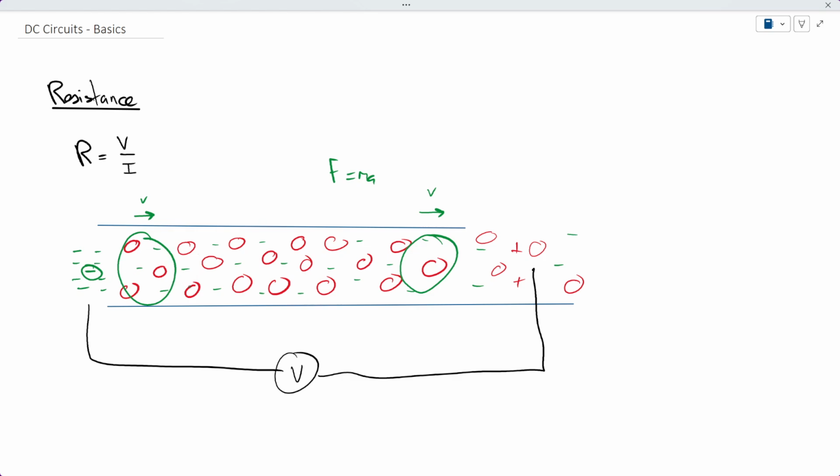And the reason for that is because each time these electrons accelerate, each time they speed up, they are going to collide with one of these ions. That has several effects. Those collisions with the ions transfer energy to the ions and cause the ions to vibrate. And the ions will, of course, already be vibrating at room temperature, but nevertheless, they'll cause additional vibration.